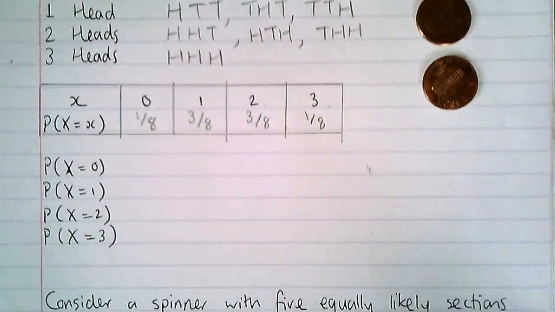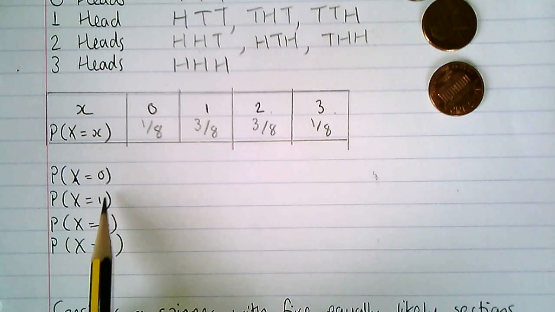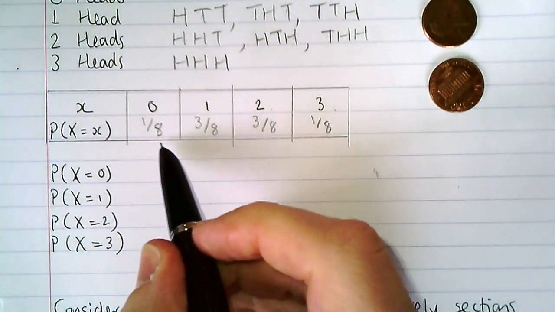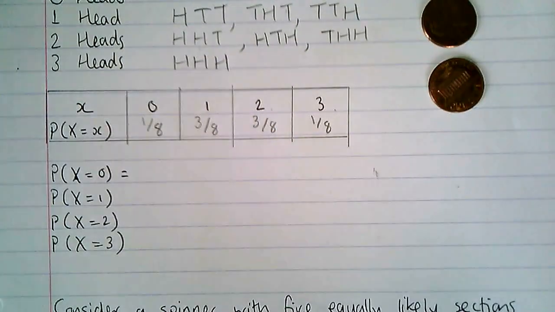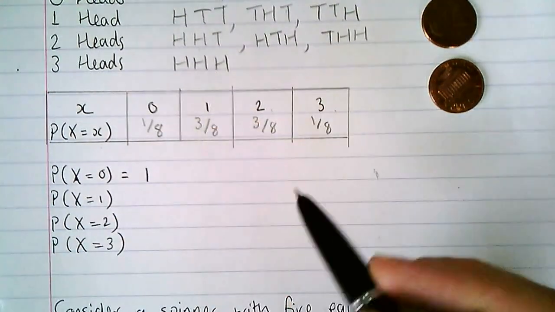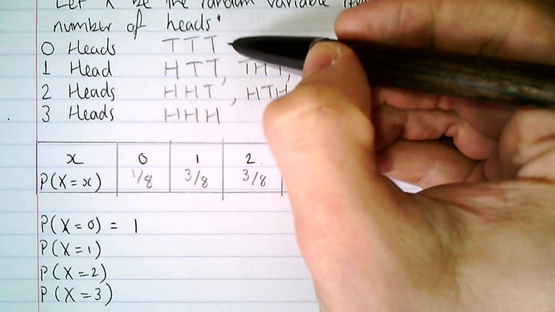So if I just move this down here, we've got the table, but we've got these 4 probabilities that we're going to work out. Now, we're going to get an answer of an eighth for this, but I just want to show you where this comes from in terms of our structure. There's only one way of getting no heads, so that's 3 tails.